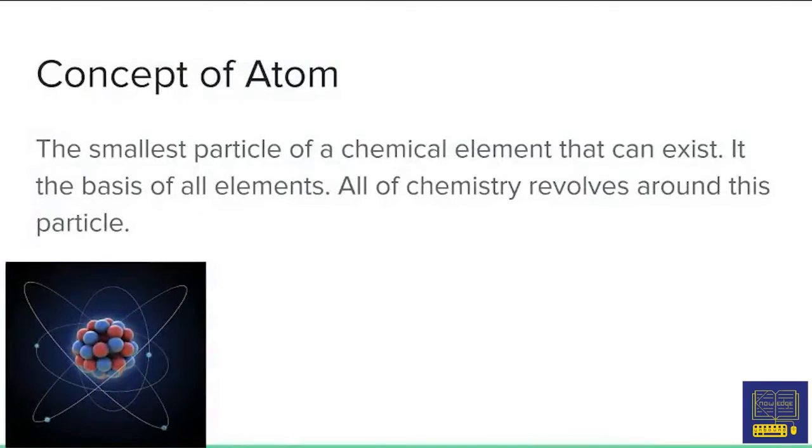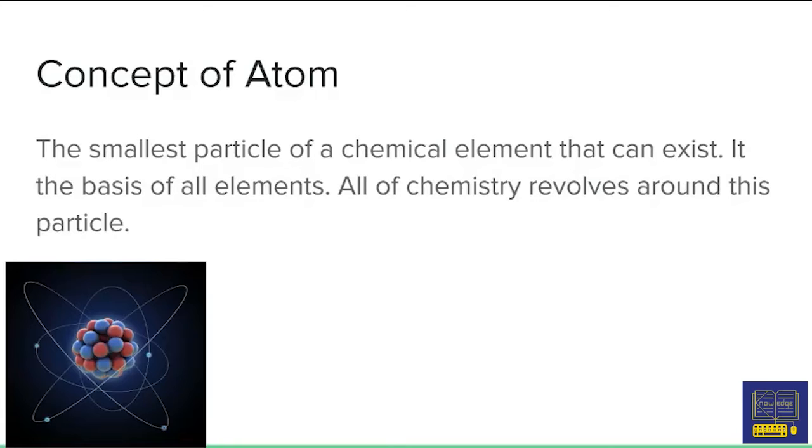Right. So the concept of an atom is basically that it's the smallest possible particle of a chemical element that can exist. Which means that if you take an element and keep splitting and splitting and splitting, up until you reach a certain point where you cannot split anymore, ideally speaking, that would be your atom.